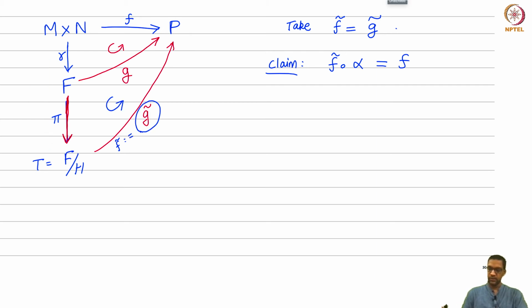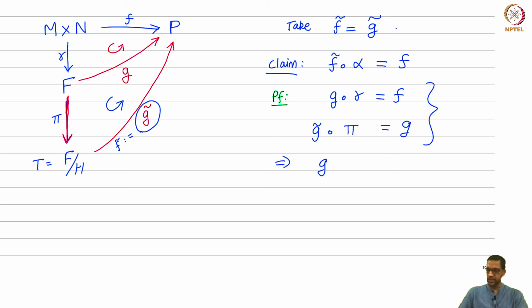Now let's observe, to prove this, that first this upper triangle commutes. So proof, let's just do it. First observe that G composition gamma is equal to F. That's the upper triangle commuting. Now the bottom triangle commutes, which means G tilde composition pi is G. Now I will substitute for G into the top equation.